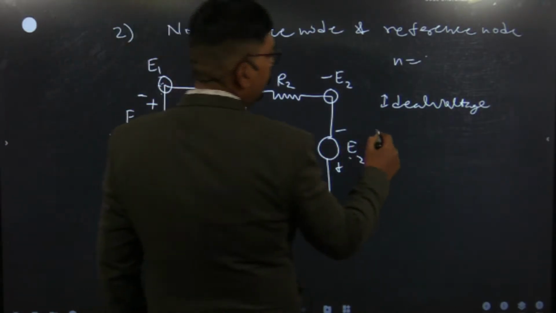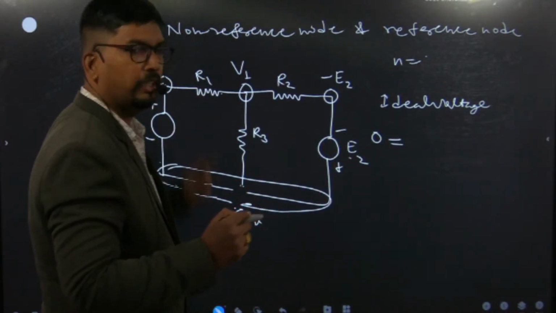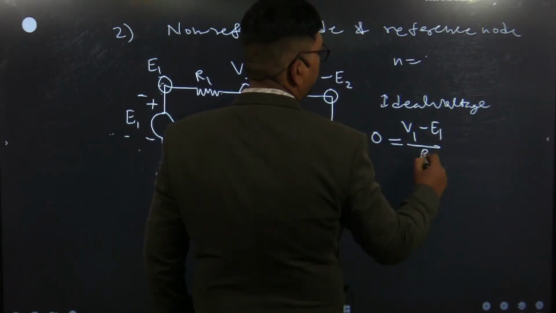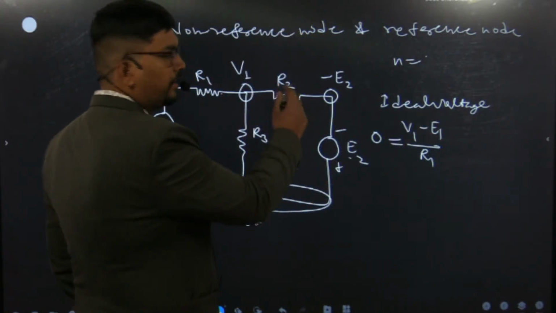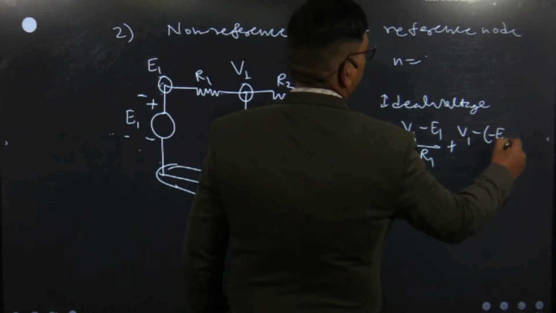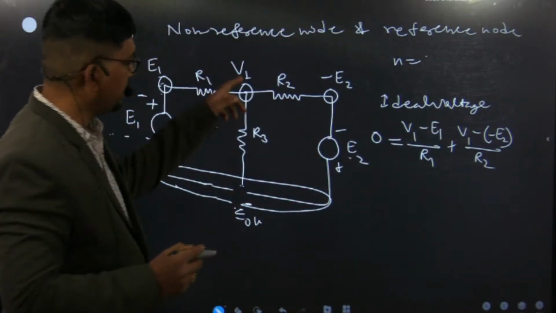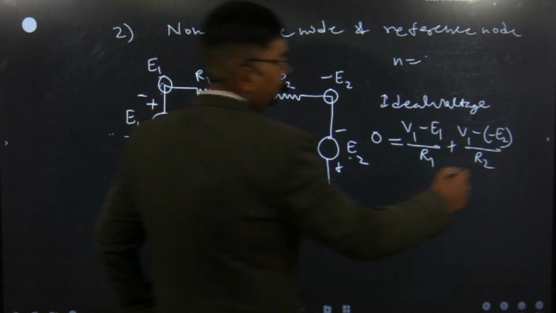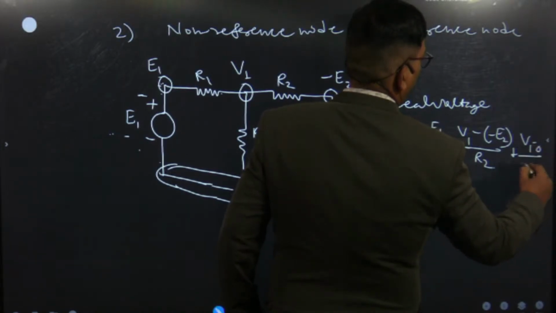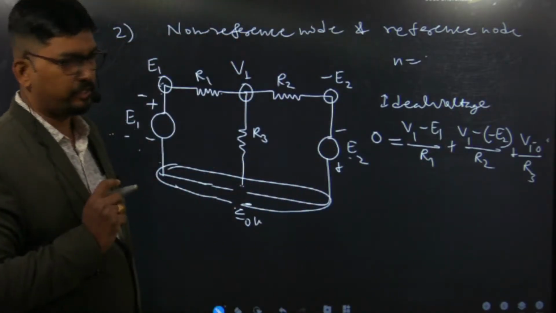So there is no incoming current, so that will be 0. What is the current in R1? That will be (V1 minus E1) upon R1. Similarly, the current in R2 is (V1 minus of E2) upon R2. And the current in R3 will be (V1 minus 0) upon R3. So these are our equations.